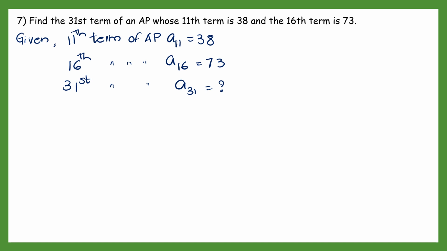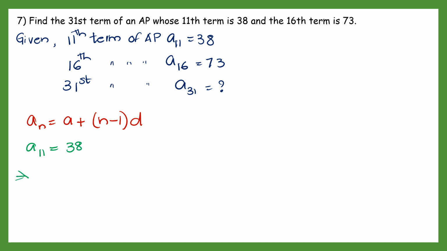How can we find it? Yes, one formula we have: An is equal to A plus (n minus 1) into D. First, we know the 11th term, A11 is equal to 38.